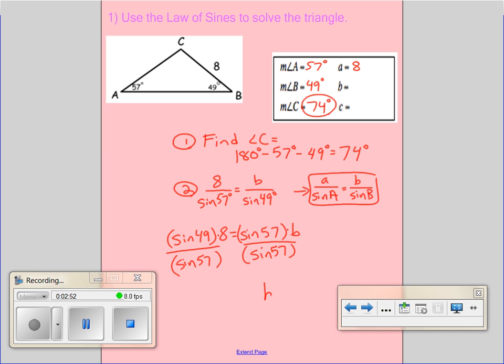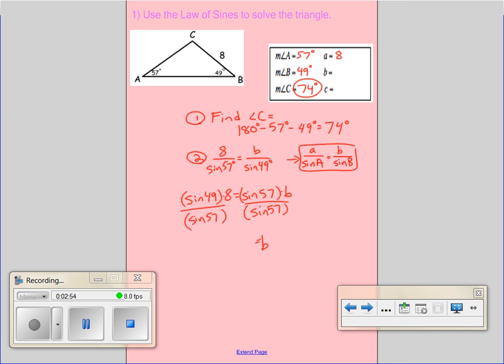And we would get b is equal to sine 49 times 8 divided by sine 57. We use our calculator to find that b is approximately 7.199, and we'll round to 2 decimal places, so we'll say it's 7.20.